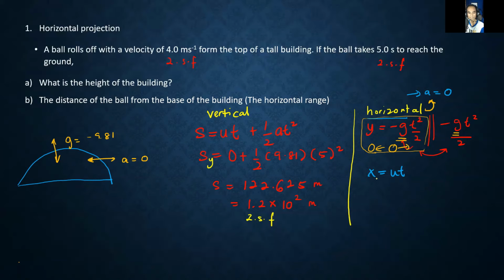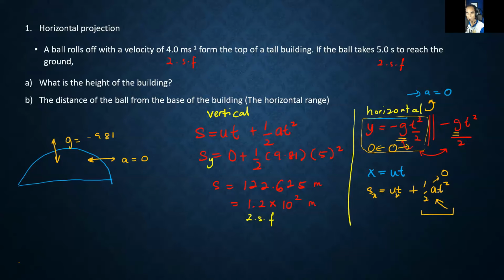Okay, so I know that Nicholas wants to say that it's using s equals ut plus 1 over 2 at squared. You still want to use this one. It is correct for horizontal. Horizontal uses x equals uxt plus 1 over 2 at squared. So when a is 0, the term over here is already cancelled out.